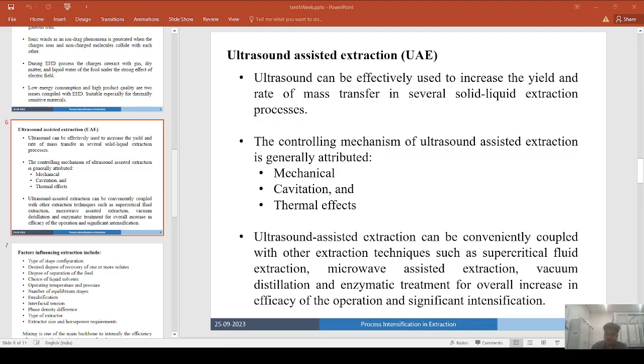Another example is the extraction of hemicellulose from wheat bran, using probe type ultrasonic equipment operated at 20 kilohertz. The total extraction time was shortened from 60 minutes for the conventional extraction to 5 minutes of ultrasound assisted extraction, with about 60% reduction in the consumption of sodium hydroxide.